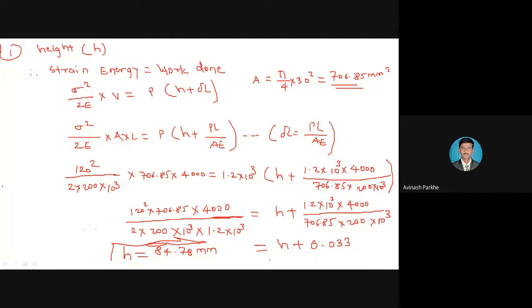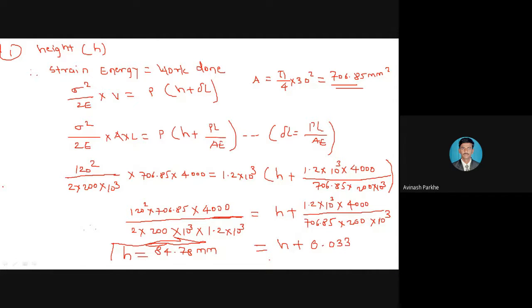Strain energy is sigma square upon 2E into volume at the left side, and work done for the impact load is P in bracket H plus delta L. If we put all the values, the only unknown remaining is H. So please check your answers: 84.78, 84.82, 84.85, all the answers are accepted. The digits change due to the calculation, based on how many digits you consider.